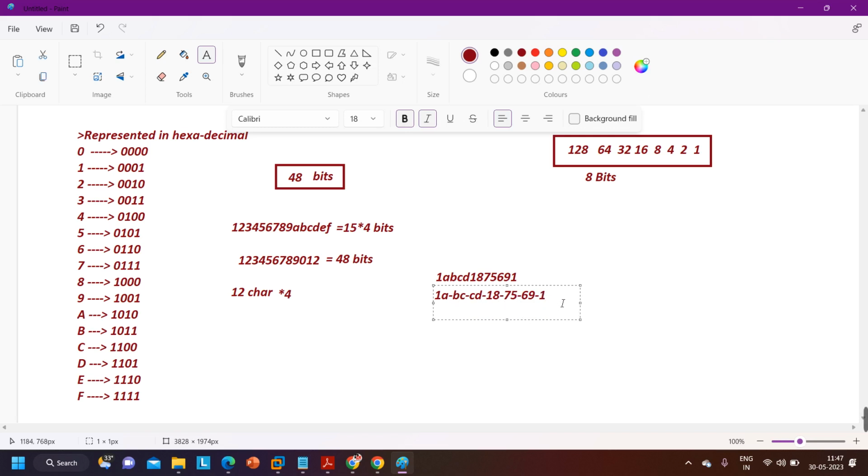I am a manufacturer company whose representation is different. Let's say I want to represent it like 1A colon BC colon CD colon 18 colon 75 colon 69 colon, and in the end, how is it possible that there are only 11 characters? That means it's 13.